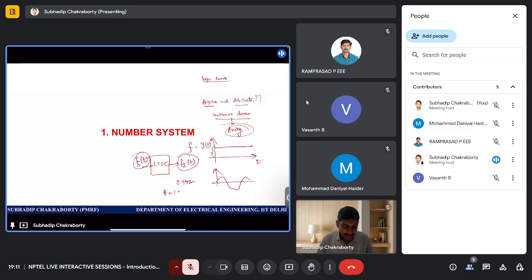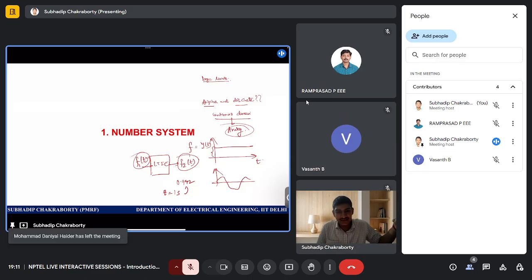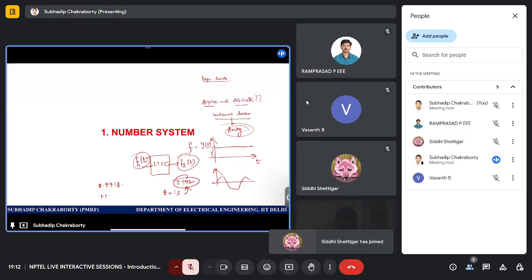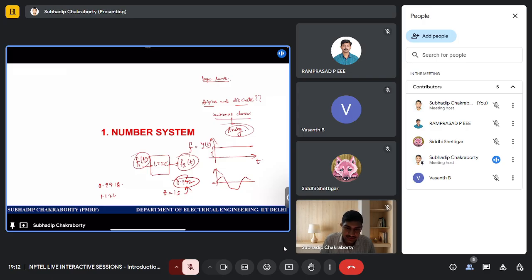But what the forcing function gives us, or the response you can see as a time varying function, y is also varying randomly, but with continuous values. It can take any values. The current can be 0.9918, or even the voltage can be 1.124. Like this. The currents can take any value. So we are still in the analog range, where we have a continuous function, any value.